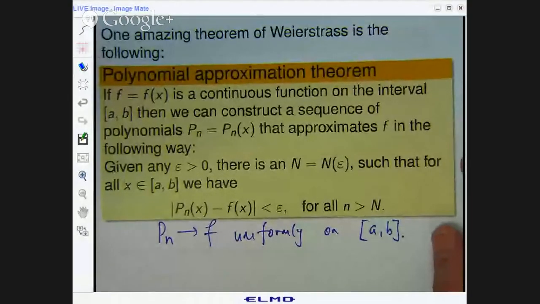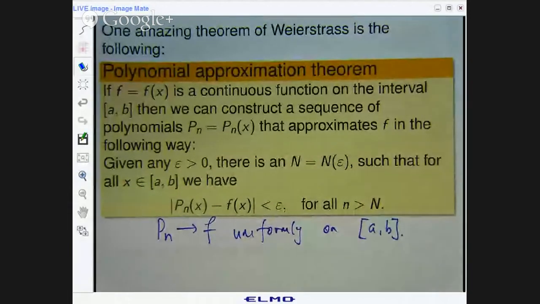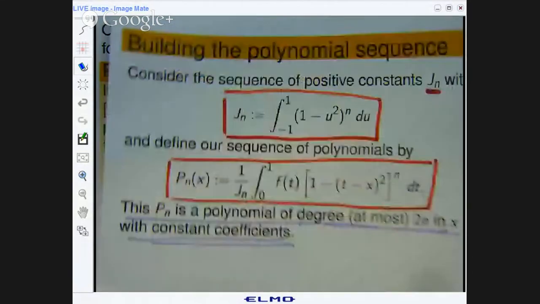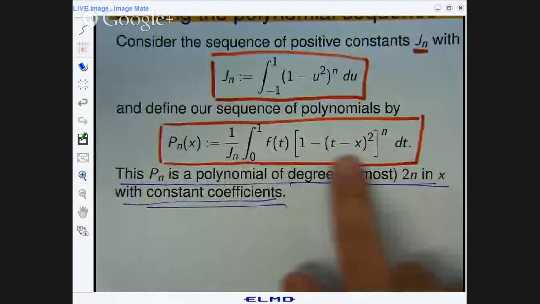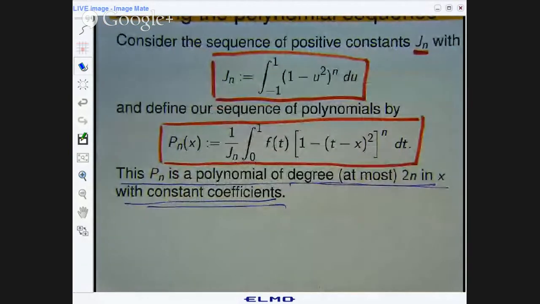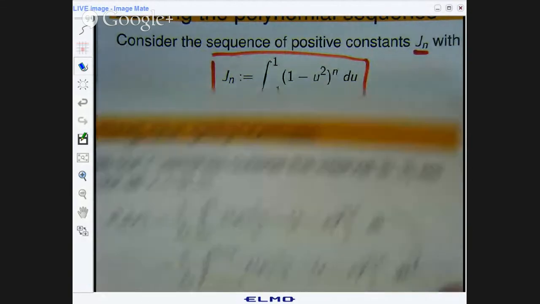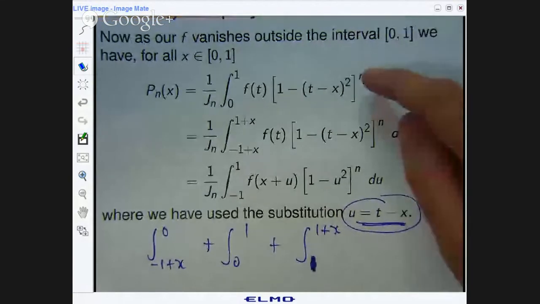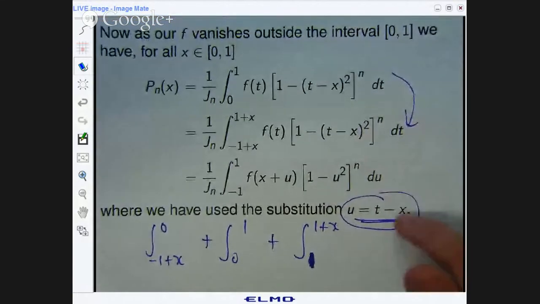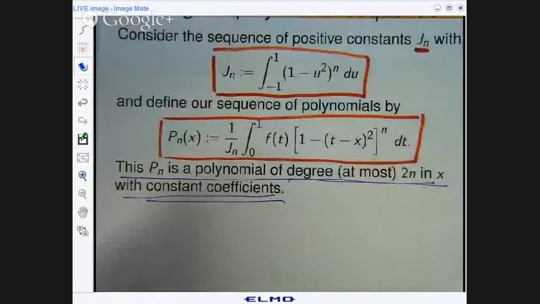All right, the theorem is here. We construct a polynomial using what's known as a Landau integral and this thing here. Then we refine the polynomial by making a substitution, and using this sort of thing.